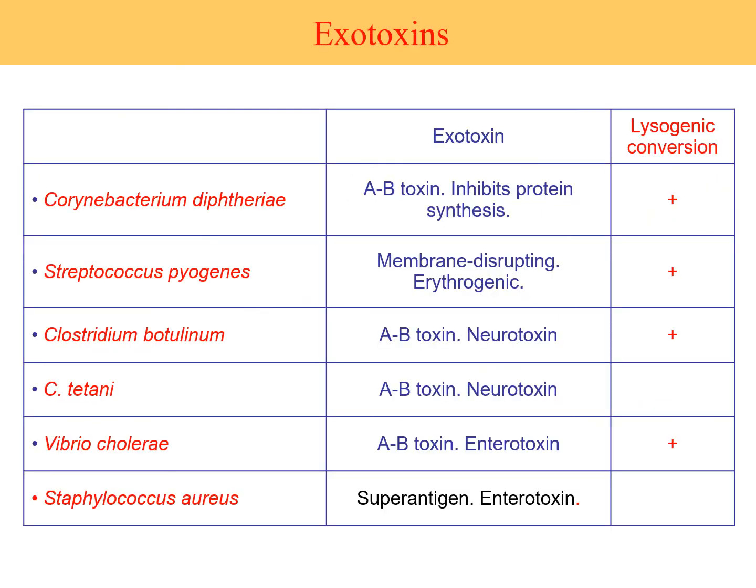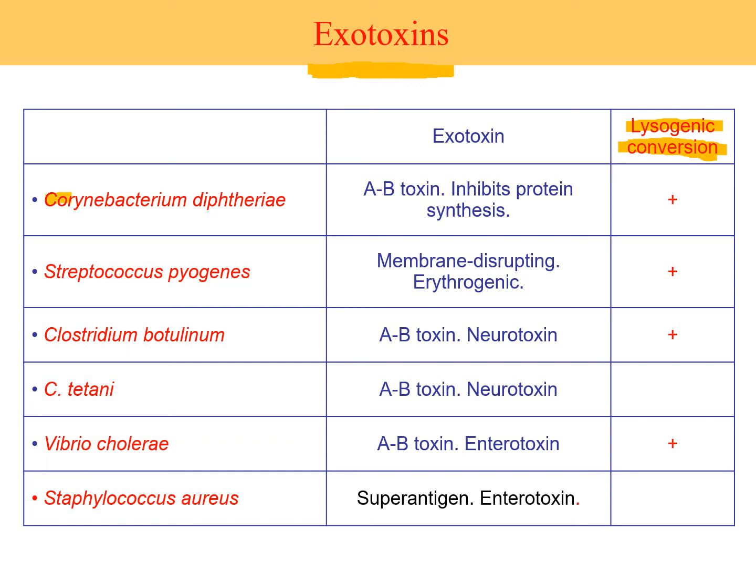As I told you a bit earlier, many of the exotoxins are proteins produced by genes, and for many organisms they have the gene because of lysogenic conversion. They were infected with a bacteriophage that had a lysogenic cycle, the prophage DNA is inserted into the bacteria's chromosome, and the bacteria picks up the ability to produce exotoxin.